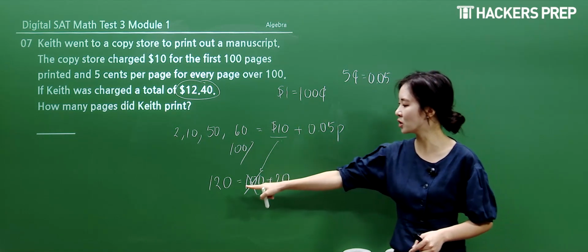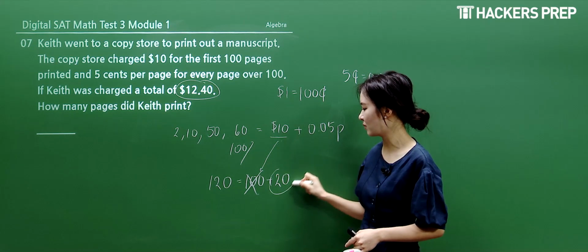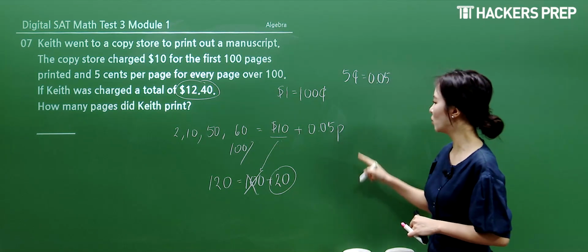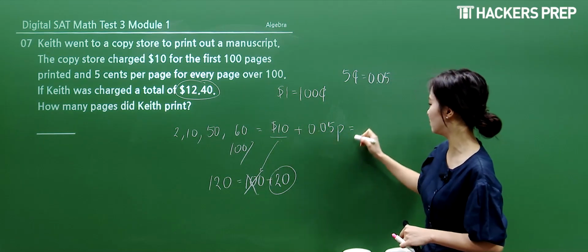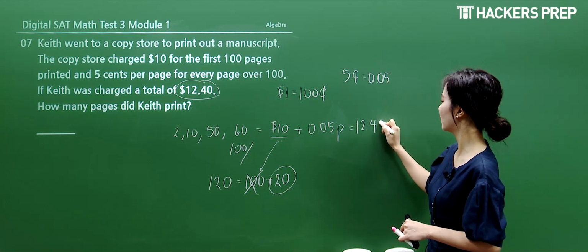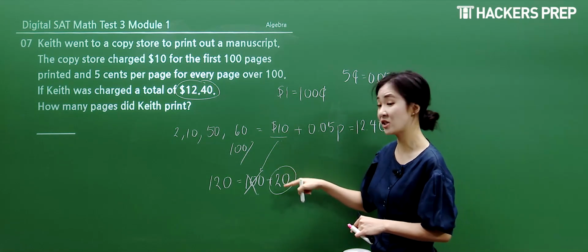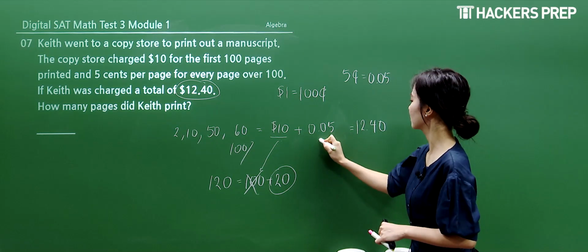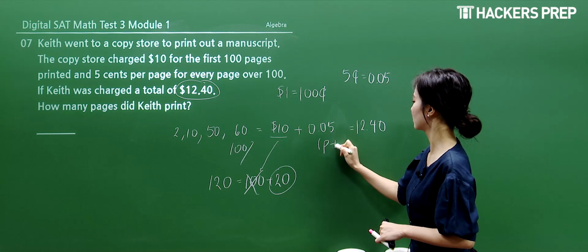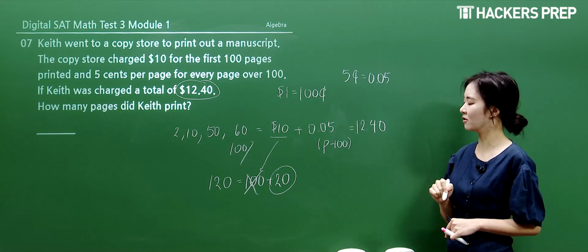So it's got to be 120 minus 100, which gives the 20. In other words, we leave P, and for now, let's say the total cost is 12.4. But again, this P is going to be the total number of pages minus 100. Okay, so this is how you want to write in the value of P.